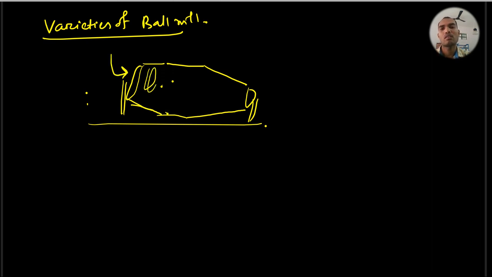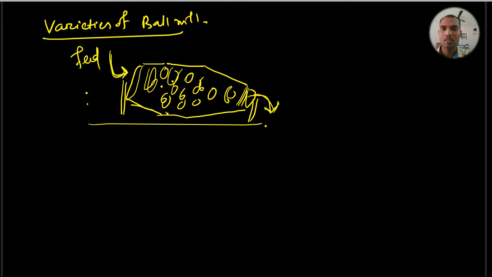The materials will be fed from here. It is rotating, so the balls will fall down and the impact will happen, and there will be a sieve which will only filter out the required size of the product through the exit. The feed is here, and this will be driven by a motor and gearbox. This is one of the varieties which can be used in a continuous manner.